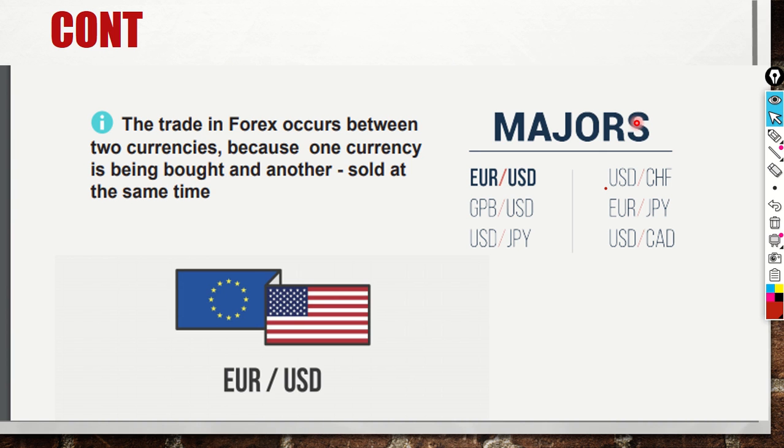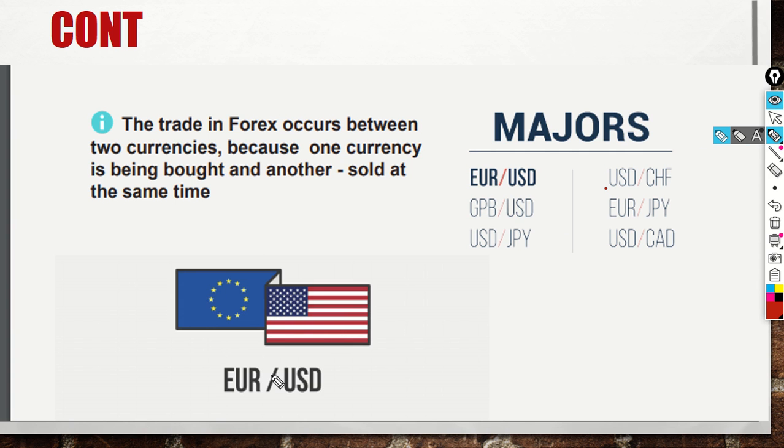A continuation on the forex market is that the trade in forex occurs between two currencies, because one currency is being bought and another is being sold at the same time. Like the example I gave you at first, where I was talking about euro and US dollar, this is simple, guys.